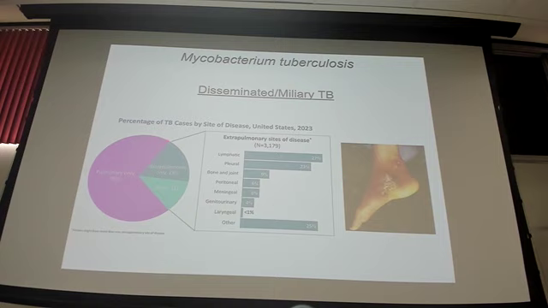Here we can see a pie chart of different body sites that are involved with tuberculosis. As expected, most of these would be pulmonary cases. Even secondary reactivation cases sometimes don't make it outside the lungs. They can stay in the lungs. But if they do disseminate hematogenously, these are some of the systems that are more frequently affected. The lymphatic system is fairly commonly affected.